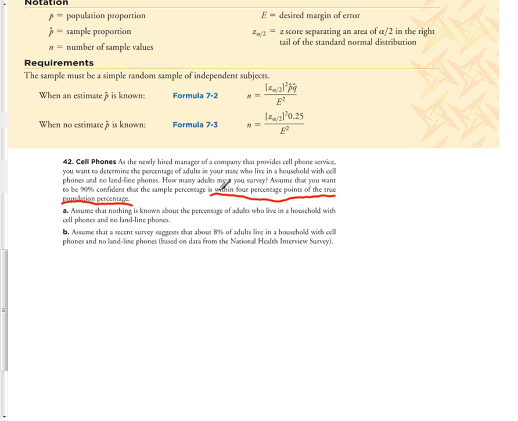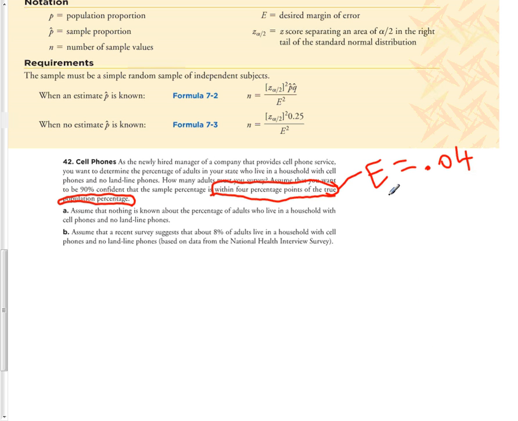So that little phrase is giving us our E. It's telling us that E is equal to 0.04, or 4 percentage points.